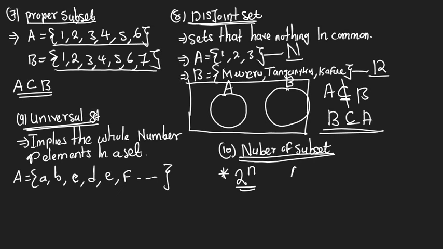In this case, if A is a set and it contains A, B, C, the number of subsets of set A is going to be given by 2, then 3 on top, because these are the number of elements, and that is going to give us 8. Just count the number of elements in that particular set and find the answer. That is very simple to understand, also to grasp.